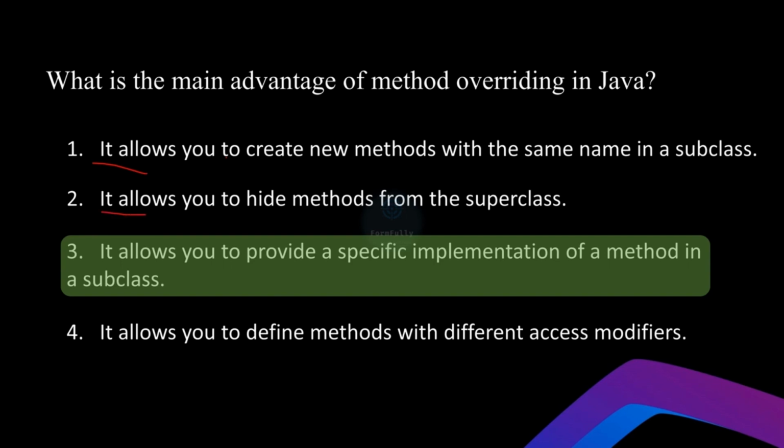Option 2 is incorrect because method overriding doesn't hide methods. It provides a new implementation for a method already defined in its superclass. Option 4 is incorrect because method overriding should maintain the same method signature, including the access modifier. So option 3 is correct.